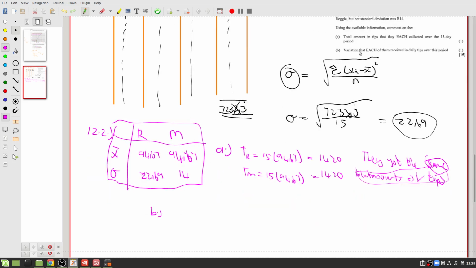Question B. We need to comment on the variation that each of them received in daily tips over this period. So the variation, we've got the standard deviation. Now standard deviation and variation, pretty much the same thing. Variance is just standard deviation squared, right? So it's just this part before you square root it. That's the variance. Standard deviation is a form of variation.